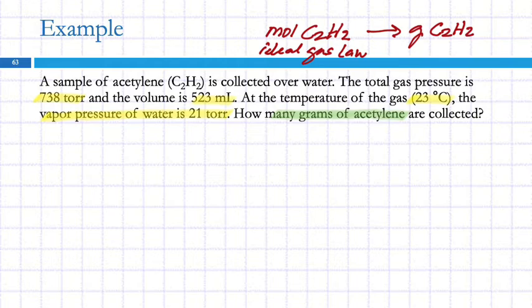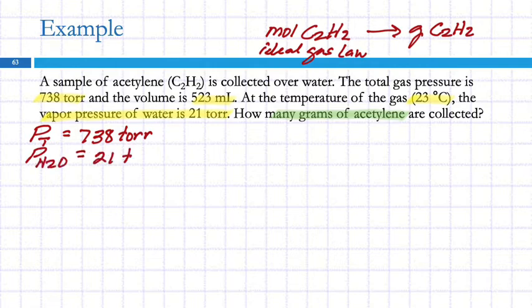But acetylene is not the only gas. So the total pressure is 738 torr. And the partial pressure or vapor pressure of water is 21 torr.